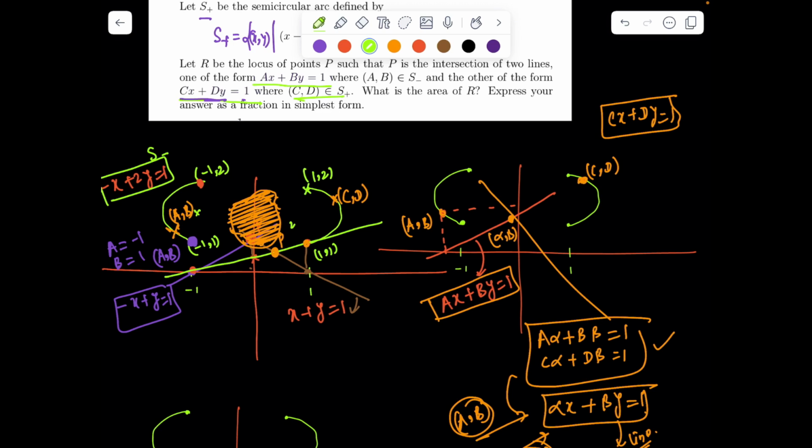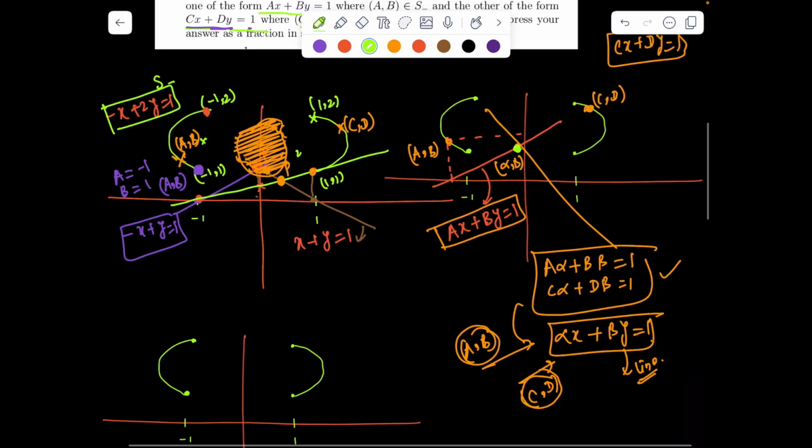So if the point of intersection of the lines corresponding to A, B and C, D is alpha comma beta, we got a very interesting result. Alpha comma beta is a number, let's say 2 by 3 comma 1 by 3.